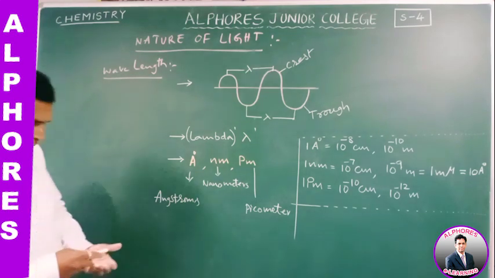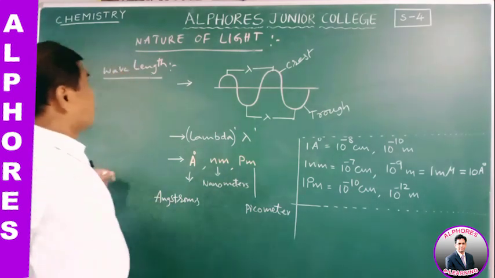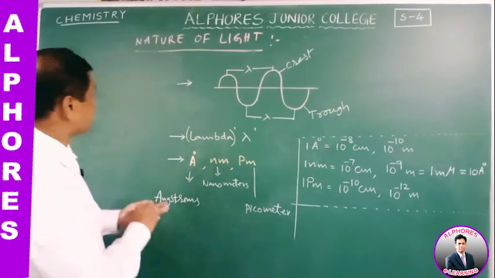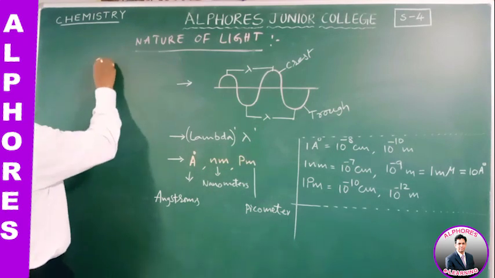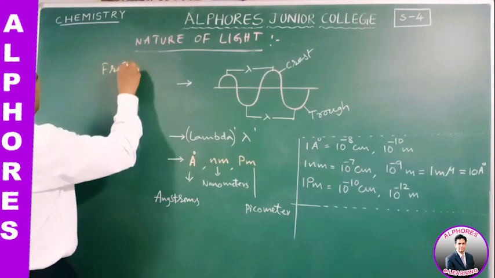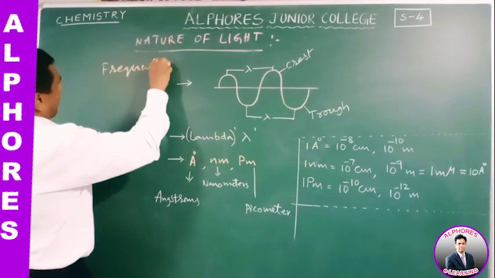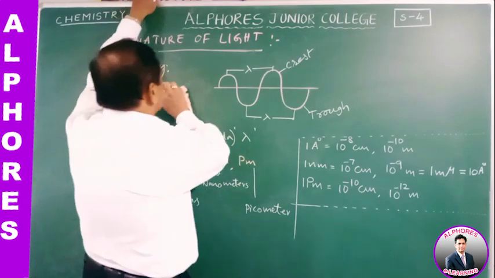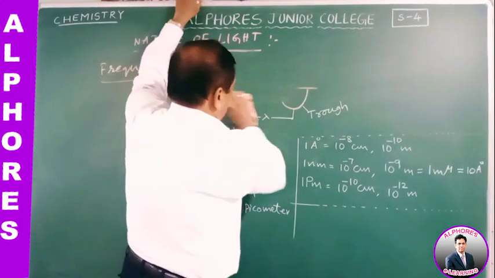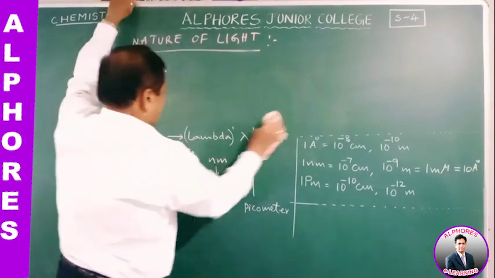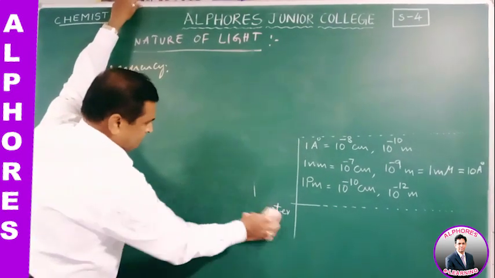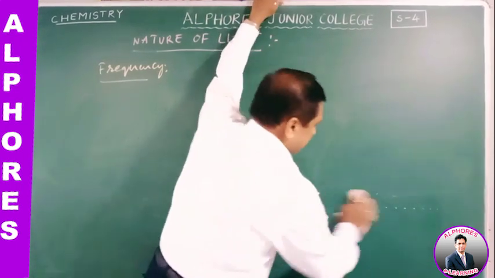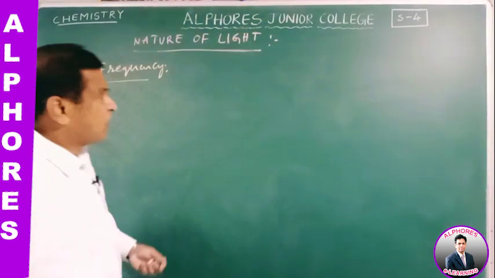Now the second property of electromagnetic light, that is frequency. The next definition is frequency of light.